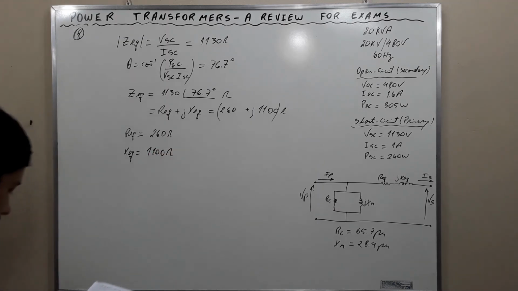and Xec is equal to 1100 ohms. But the exercise wanted us to work with the per unit system of measurements and to convert this to per unit.